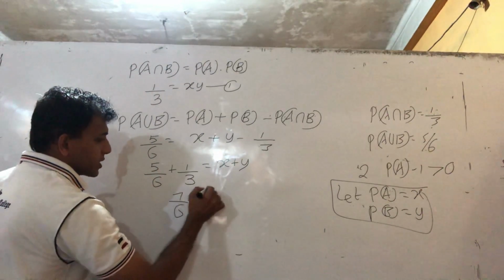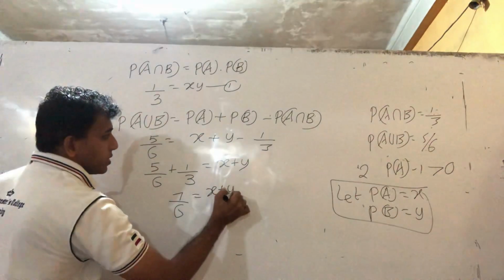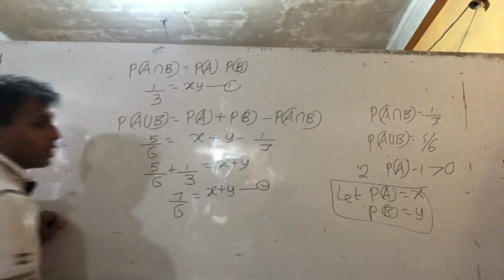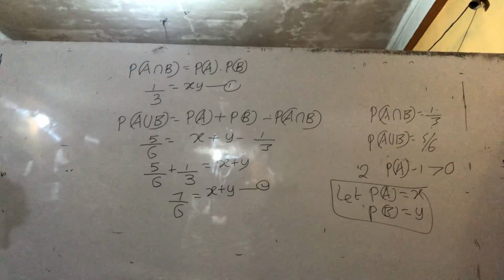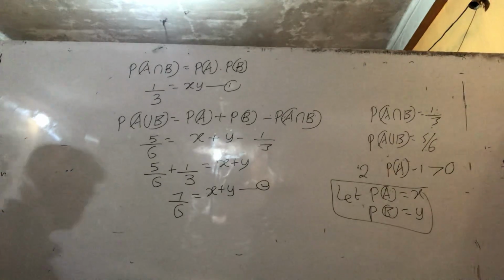So 7 over 6 equals x plus y. That is your second equation.